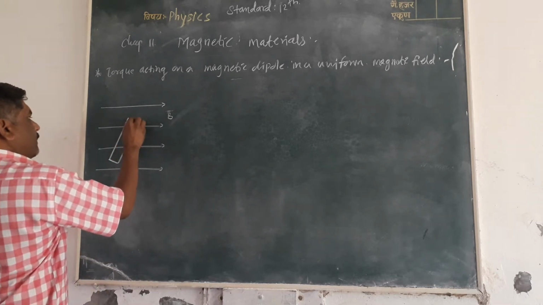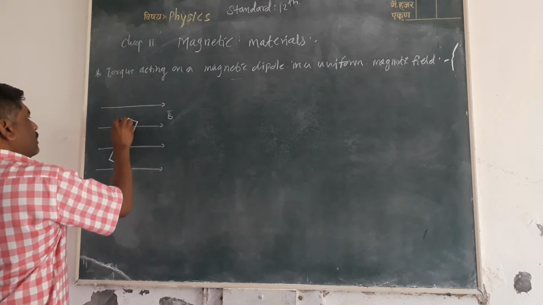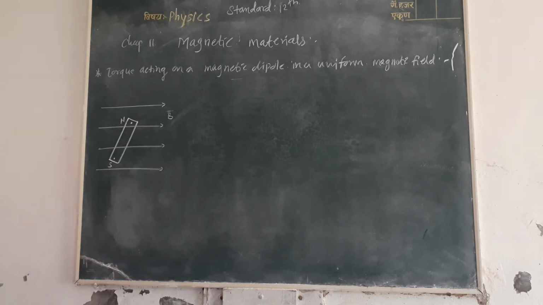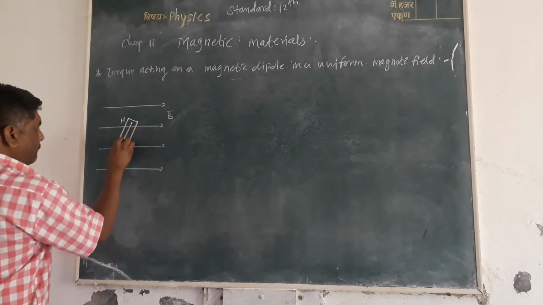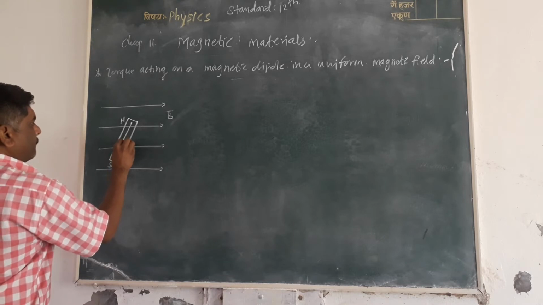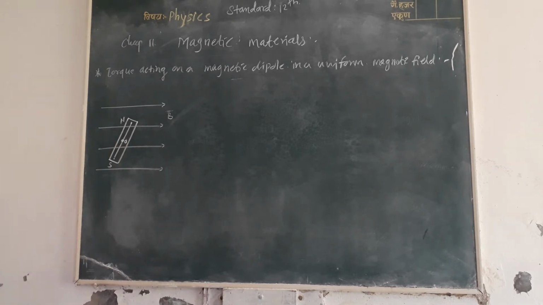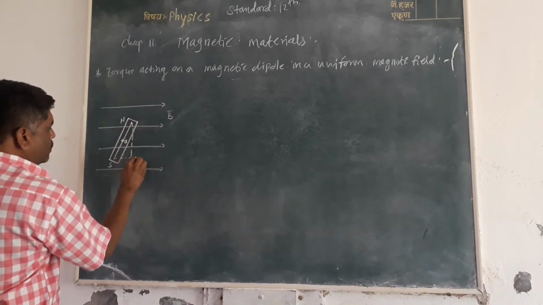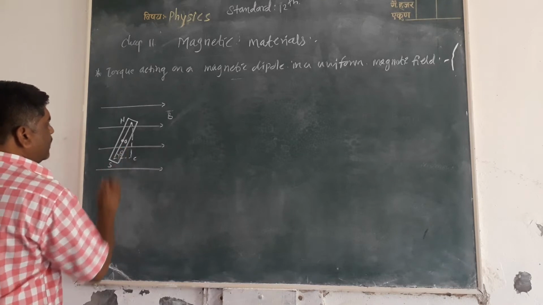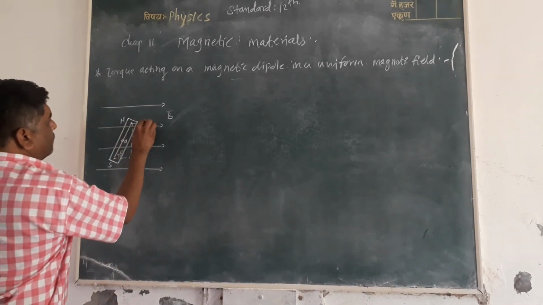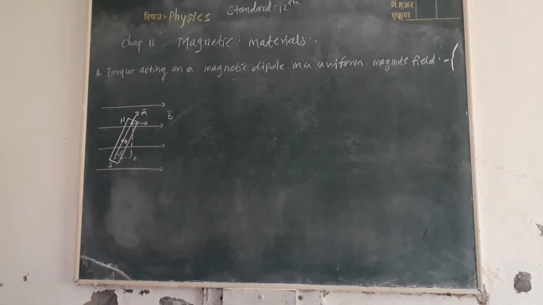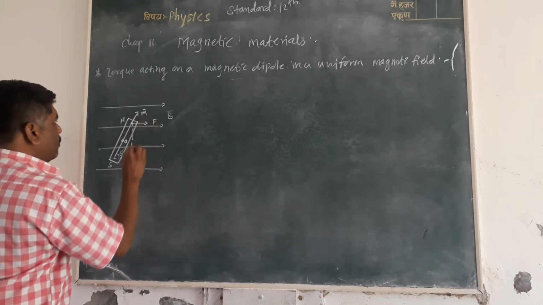Suppose this is the N pole, S pole, center of magnet. So this is point C, this is the angle theta, this is the direction of magnetic dipole moment, direction of force.